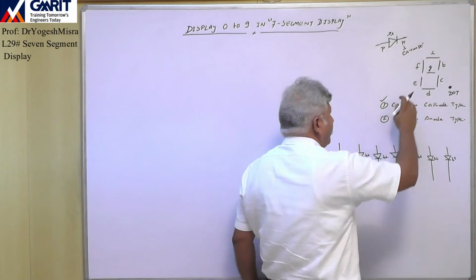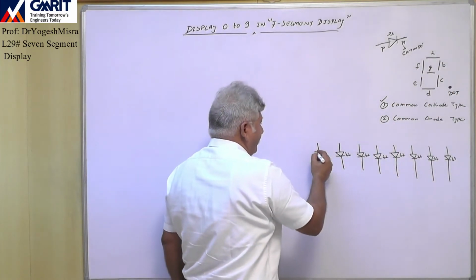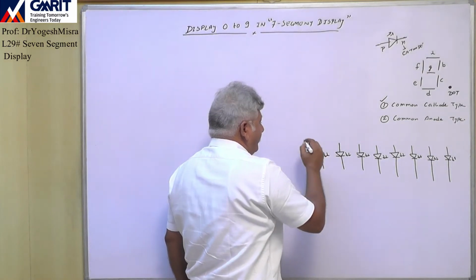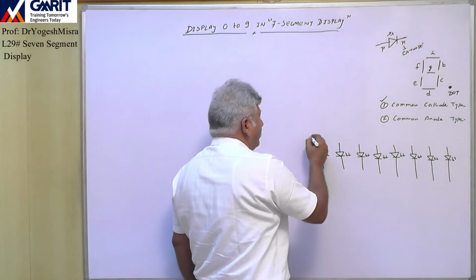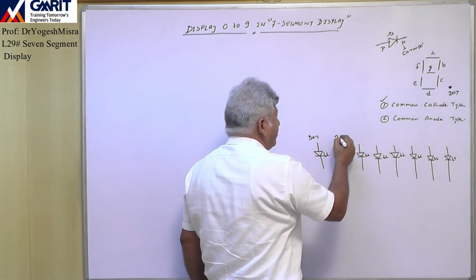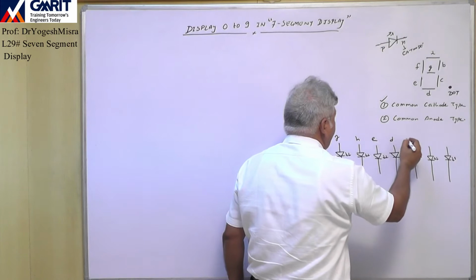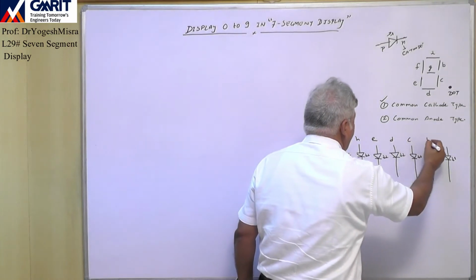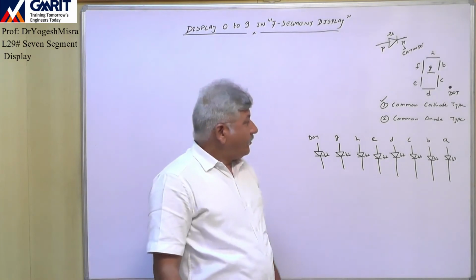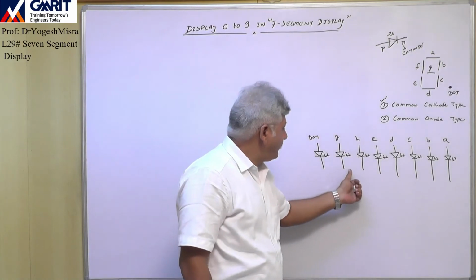These are the 7 LEDs for A, B, C, D, E, F, G, and one for the dot. So we will write here, this is for dot, this is for G, F, E, D, C, B, and A. Now in the case of the common cathode type of 7 segment display, these are the cathode terminals of all the LEDs.